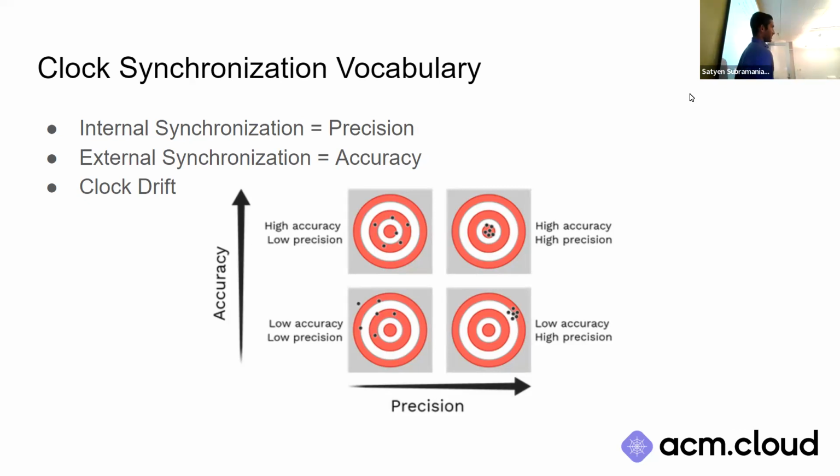So why am I bringing this up, right? Well, this kind of ties into the notion of internal synchronization and external synchronization. So, like I mentioned before, right, we have our own view of like, what the kind of global time is at each node in a distributed system. So our internal synchronization kind of corresponds to the precision.